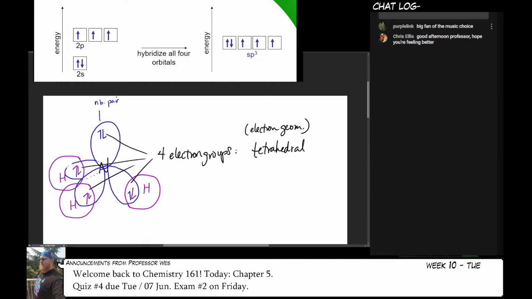And of those 4, one of them is a non-bonding pair of electrons, which means that its molecular shape is trigonal pyramidal. And so you can see how this model is actually lining up with our understanding of geometry really nicely.